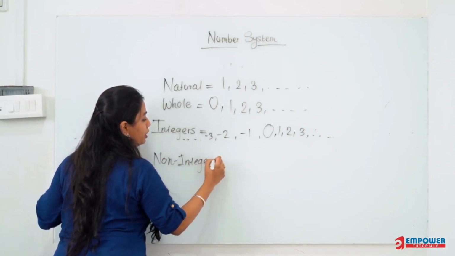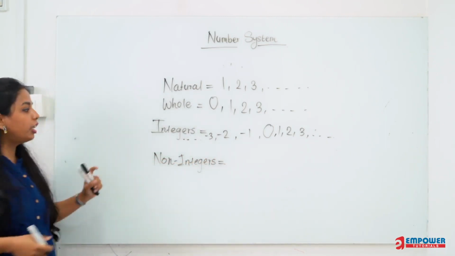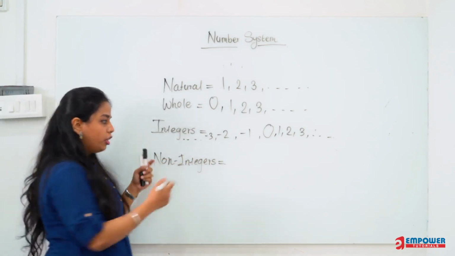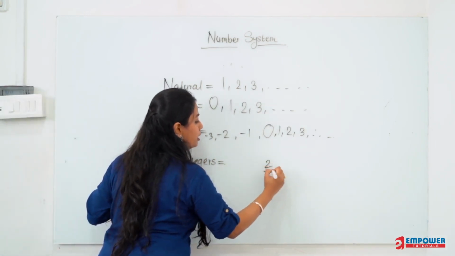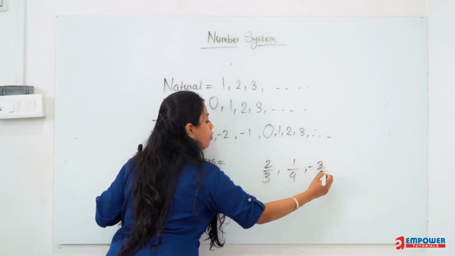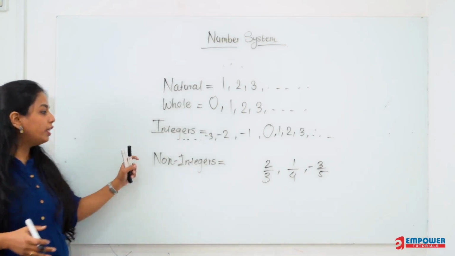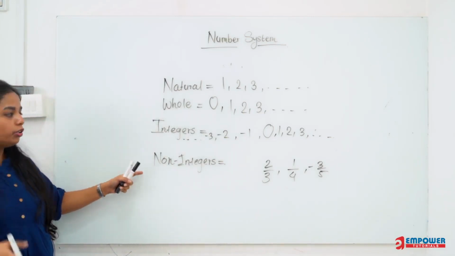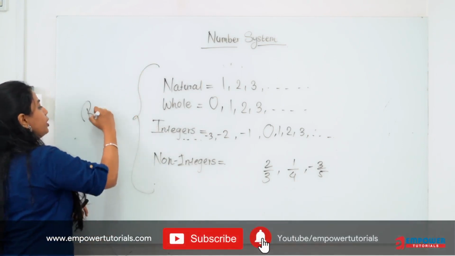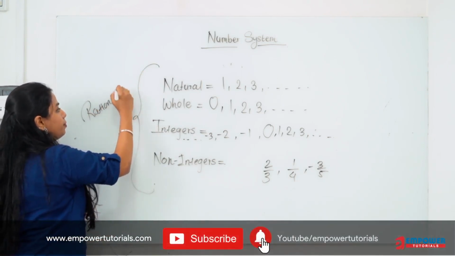Now what are non-integers? The numbers which are not integers come under the category of non-integers. So all the fractions, let's say 2 by 3, 1 upon 4, minus 3 upon 5, all positive and negative fractions will come under the category of non-integers. And this whole set is nothing but your rational numbers.